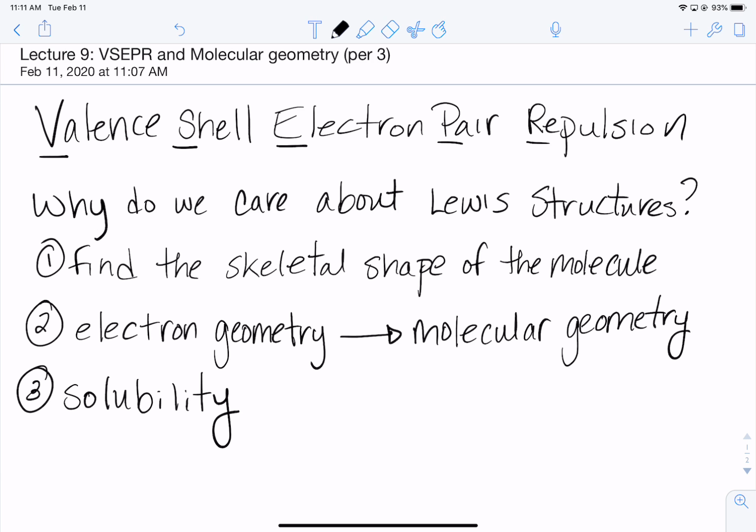We need to know ahead of time if something's going to dissolve in something else. It is really important for creating soda. The fact that carbon dioxide does not dissolve in water makes for fizzy soda drinks. It's also very important in our salad dressing.